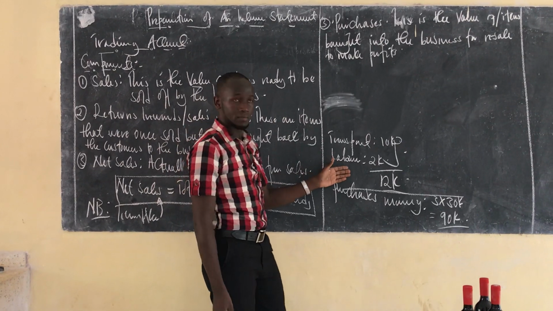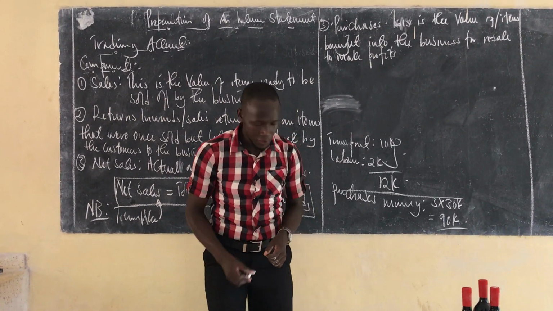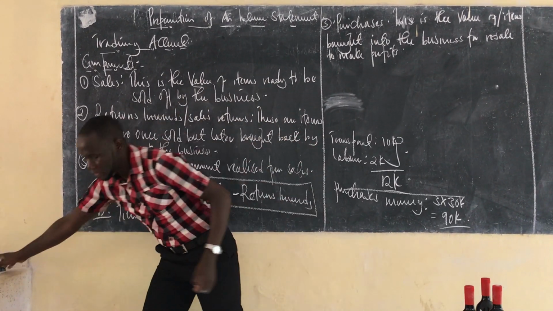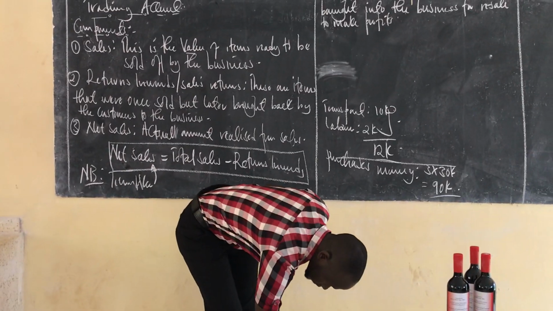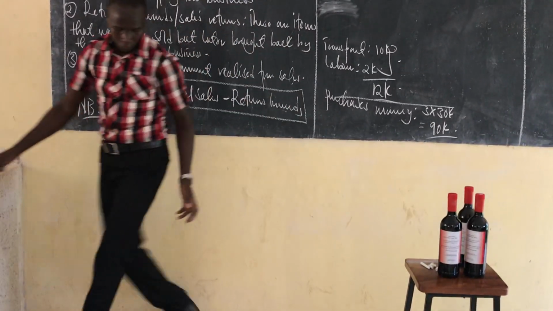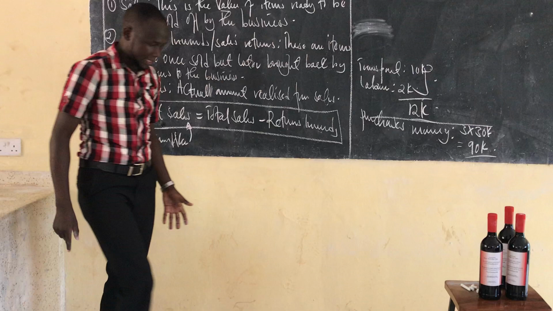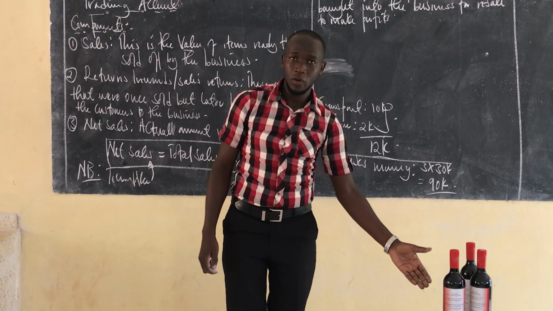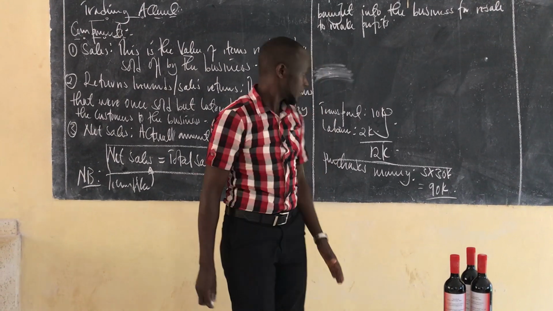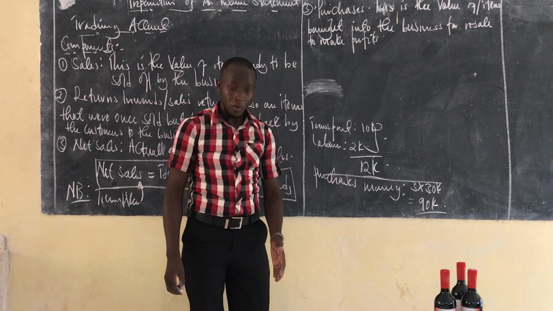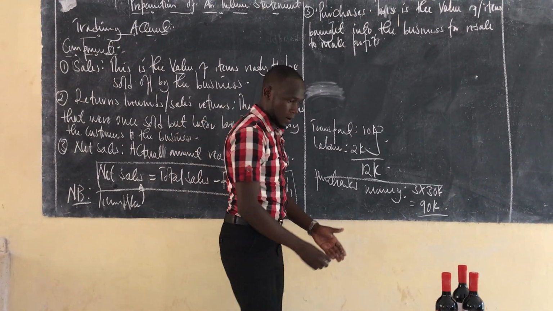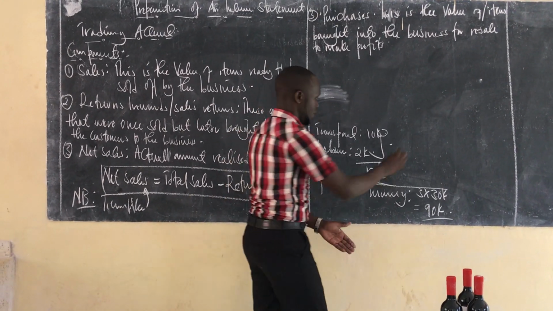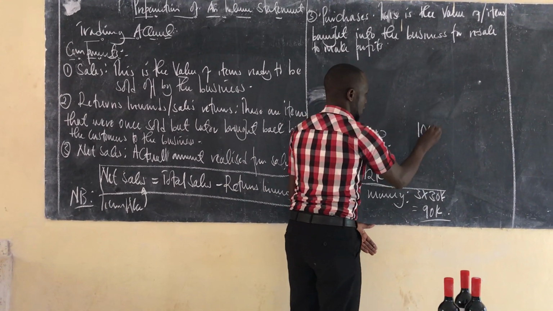In that sense, I'm asking you a question. Assuming you come to this point, in my journey from where I bought these items, I come reaching here. Soon reaching where I'm going to go to the business, I find someone here says, no, can I please buy all you have at 100,000?